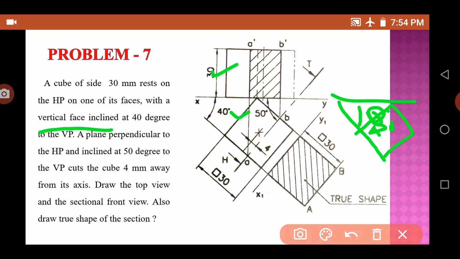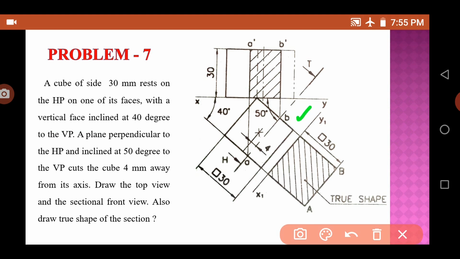You made an angle of 40 degree, point it out, and then draw the complete drawing of the cube: you take 30 here and 30 and 30, and here also 30. So you got this figure, the top view, and you have to name it, like A B C D.